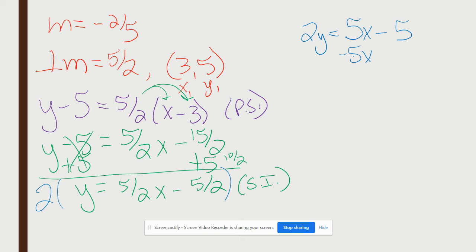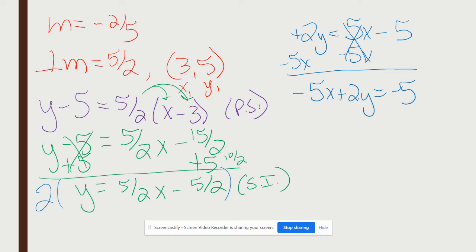The opposite is subtracting. And remember, that's a positive 2y. So we have negative 5x plus 2y is equal to negative 5. And that is standard form.